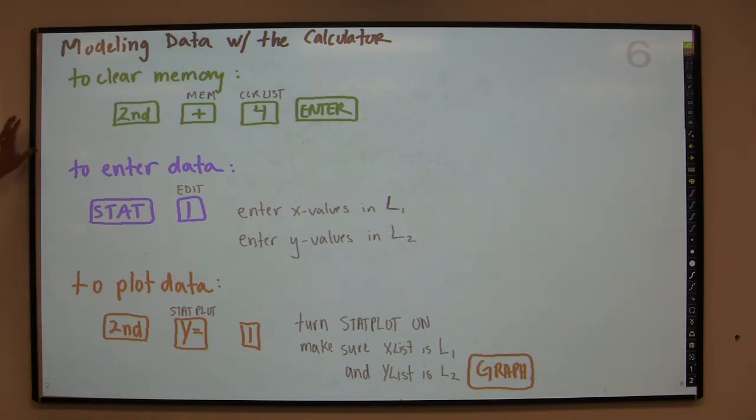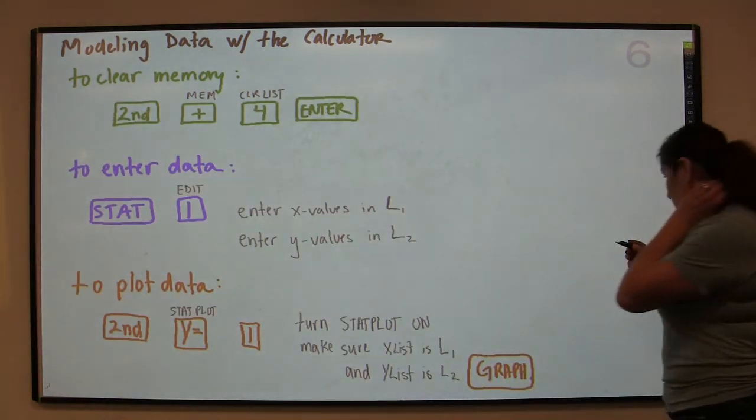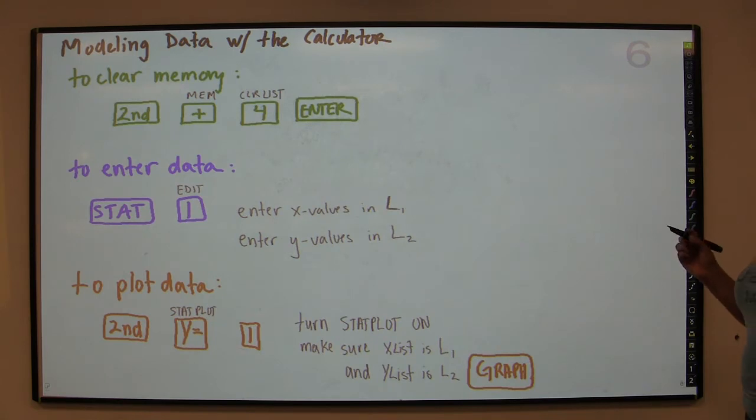So we have different things that you're going to need to know how to do: how to clear the memory of the calculator, how to enter data, how to plot data. You might want to go back and pause this because I'm going to go through these 3 screens very quickly, and then I'm going to show you an example on the calculator myself. So you're going to want to write these down later or pause it to do that.